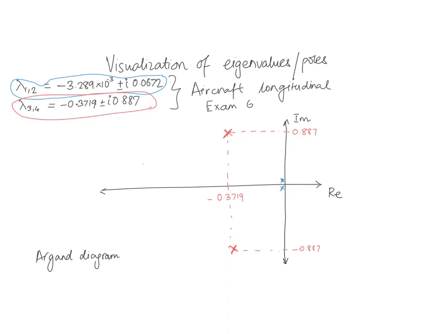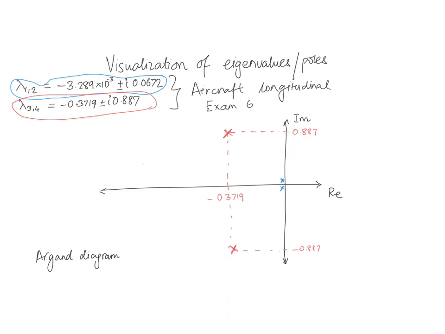Okay, and this is actually pretty prototypical of aircraft longitudinal dynamics. Now, the one thing we should note from this visualization is that it immediately tells you whether the system is stable or not. So if all of the eigenvalues are on the left-hand side of this imaginary line, then the system is stable, because that means that all the eigenvalues have negative real parts. So this part over here is where the system becomes unstable.